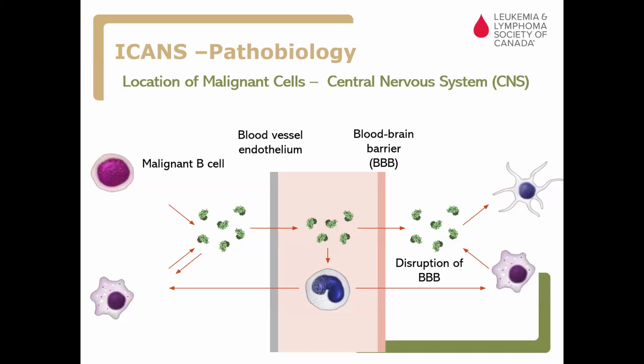ICANS may start with the production of pro-inflammatory cytokines and the activation of bystander immune cells in the tumor microenvironment. These inflammatory cytokines diffuse into the bloodstream and disrupt the blood-brain barrier. Since these cytokines can cross the blood-brain barrier, they can result in harmful activation of microglia and subsequent neuronal damage, resulting in the neurological symptoms that we will talk about.